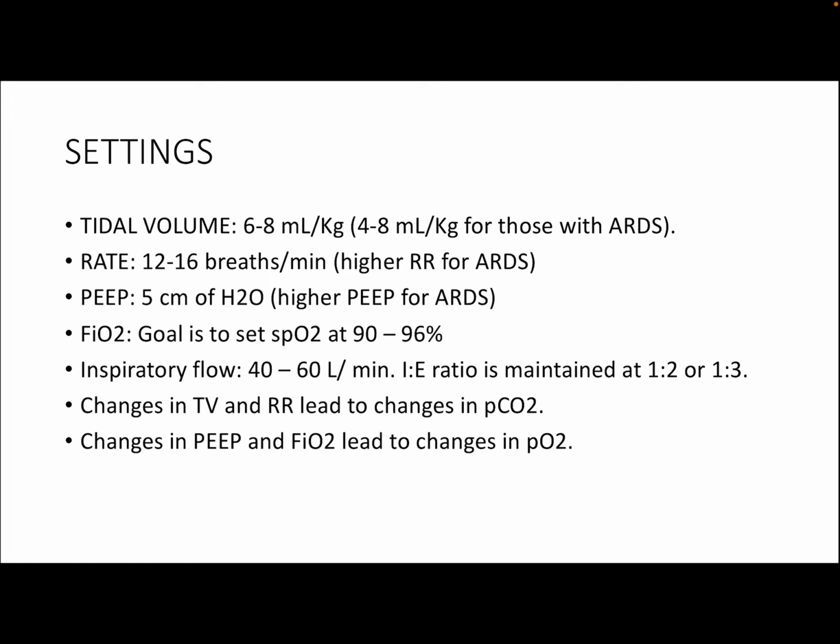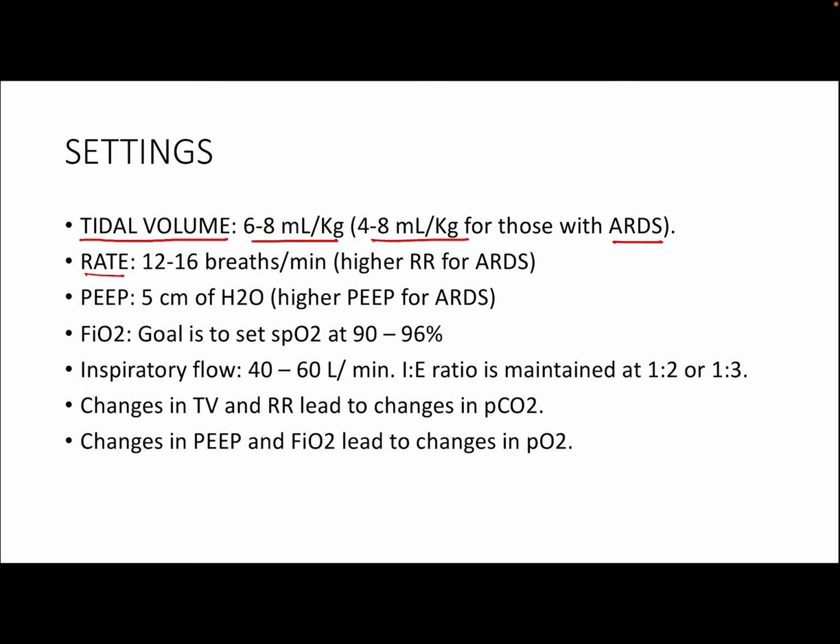Next, coming to the settings. These are common values that we generally set in the ventilator. For example, tidal volume is usually set at 6 to 8 milliliters per kg, and 4 to 8, that is a low tidal volume, is set for those with ARDS. We usually try to avoid a very high tidal volume because that can be associated with barotrauma and lung injury.